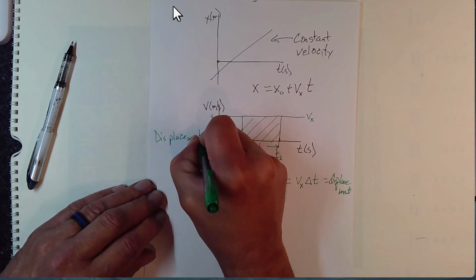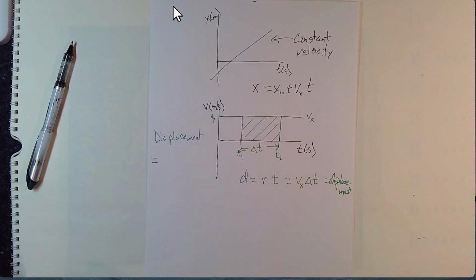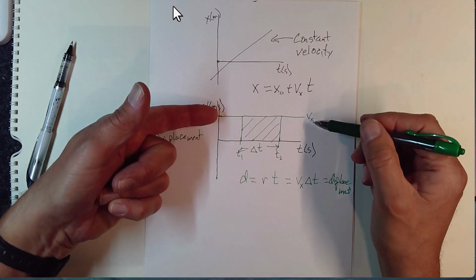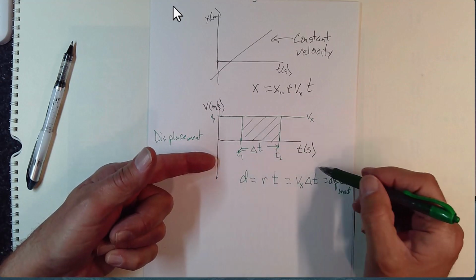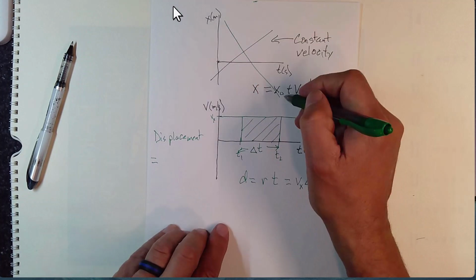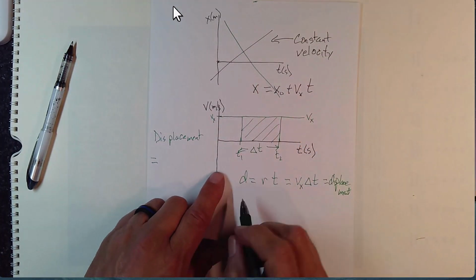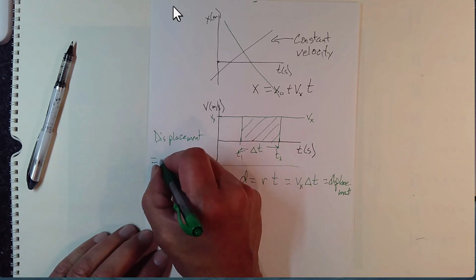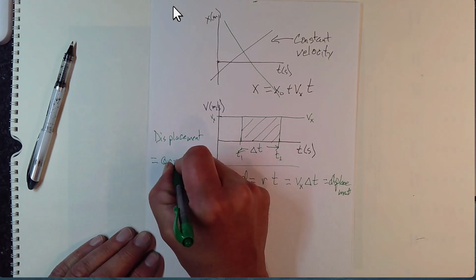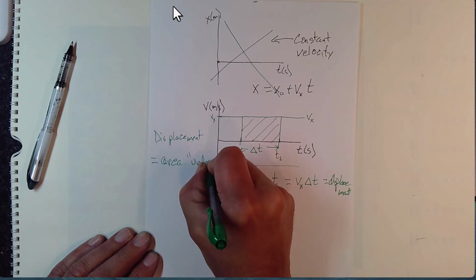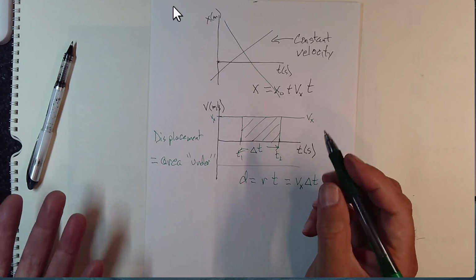Displacement is a quantity that can be positive or negative depending on which direction the thing happens to be going. If you brought your velocity down so it was a line under here, it would graph as something going in that direction on an x versus t graph. But you could have a negative displacement as well, but it equals area, we'll say under, because sometimes it might be an area over, but you can have a negative area.